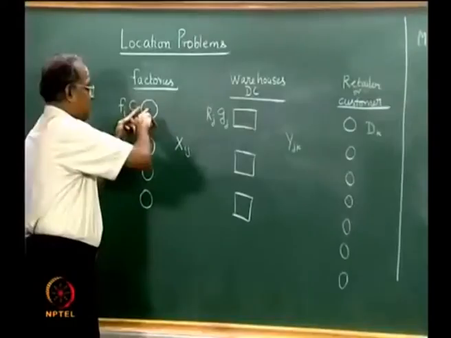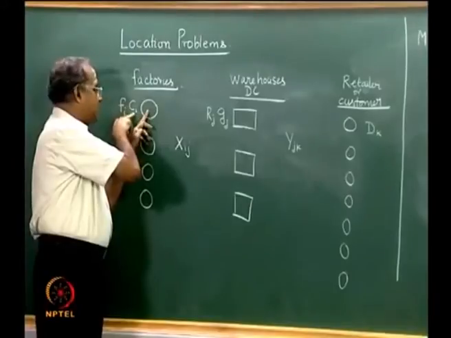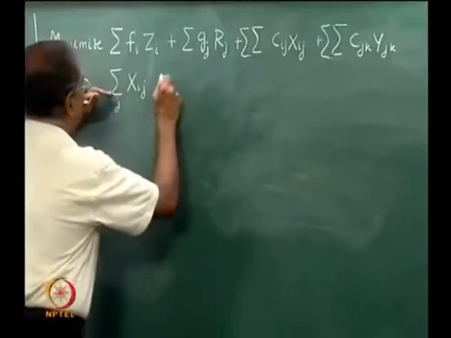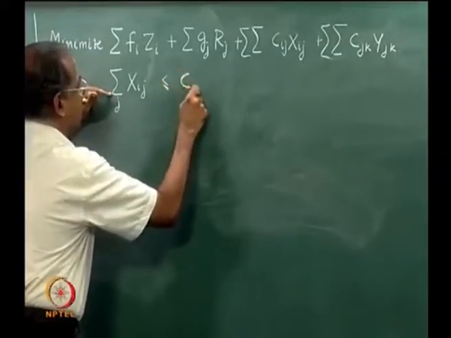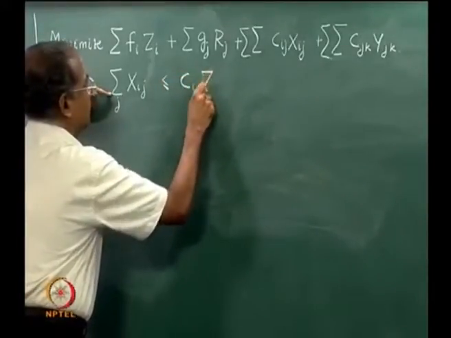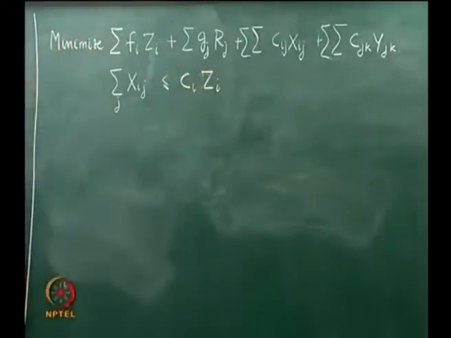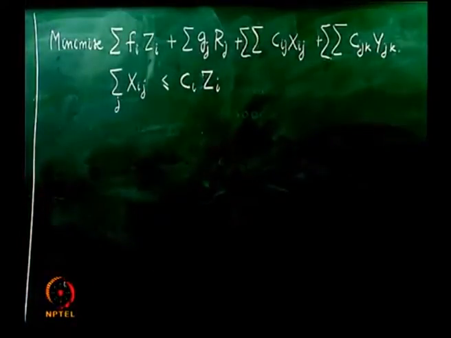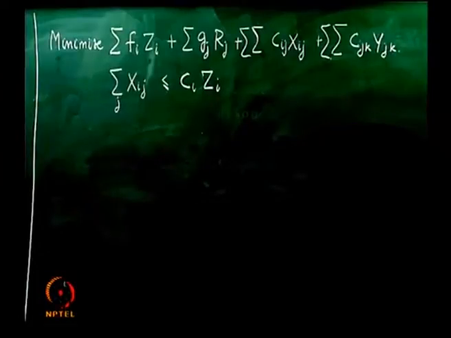So, whatever goes out of this should be less than or equal to its capacity Ci. So, sigma Xij summed over all j should be less than or equal to Ci into Zi. Zi comes in only when the facility is chosen, I can move something out of it. So, whatever that goes out is less than or equal to Ci Zi.